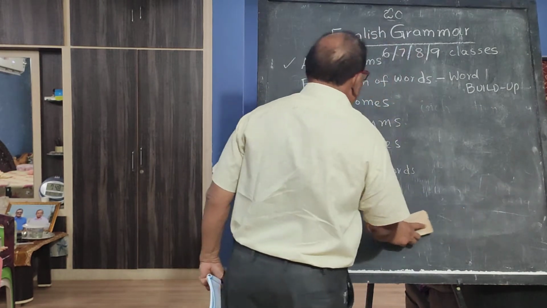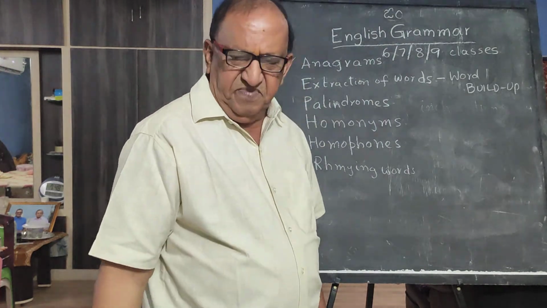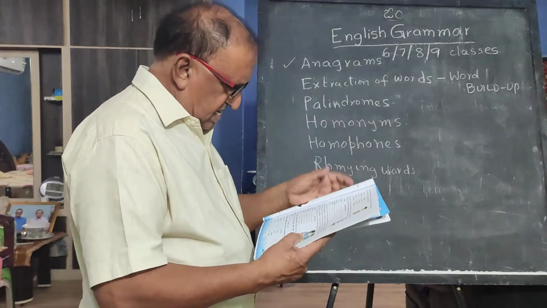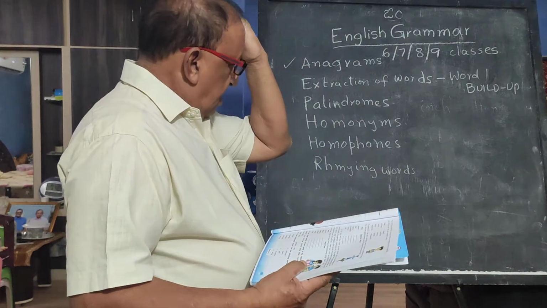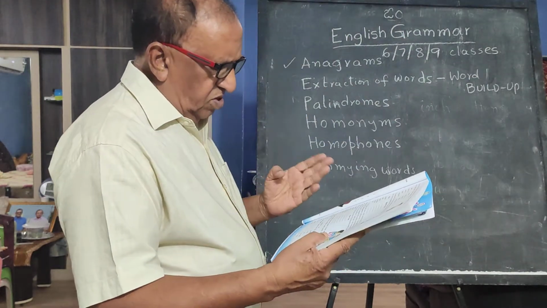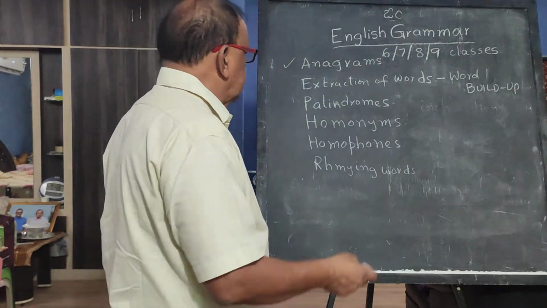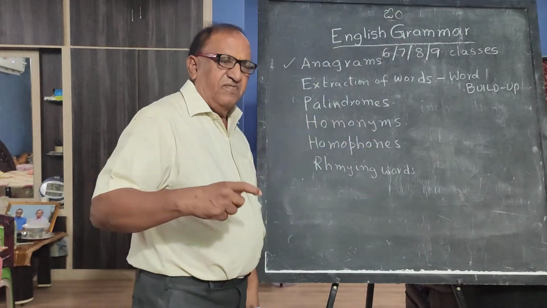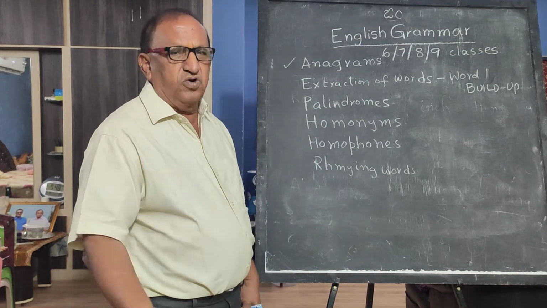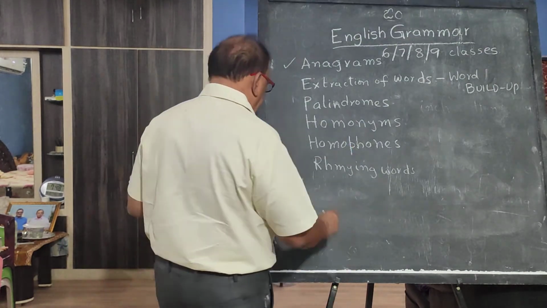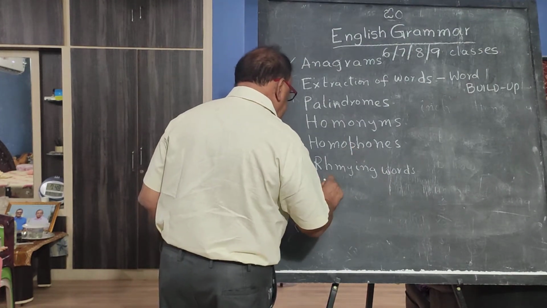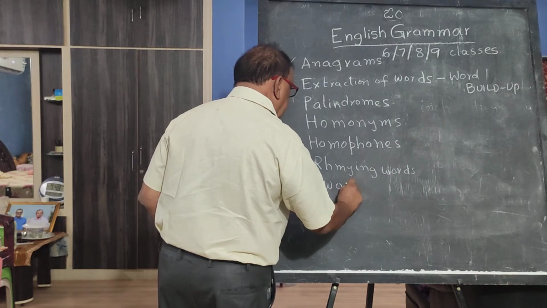Now, extraction of words. That means suppose you take a word, and you extract some letters from it to make a new word. For example, here, reward, R-E-W-A-R-D.